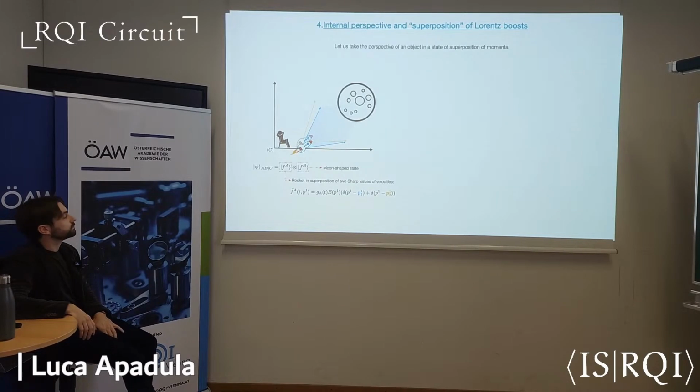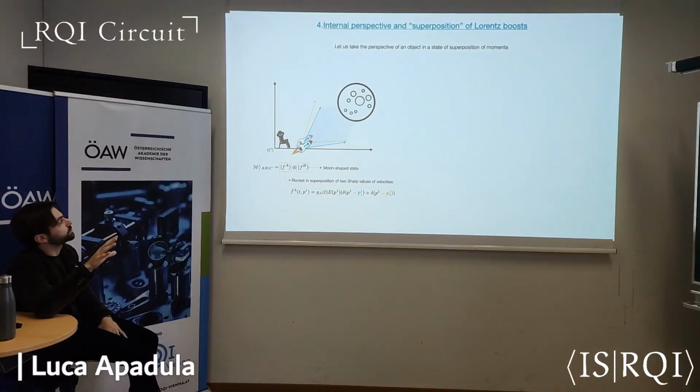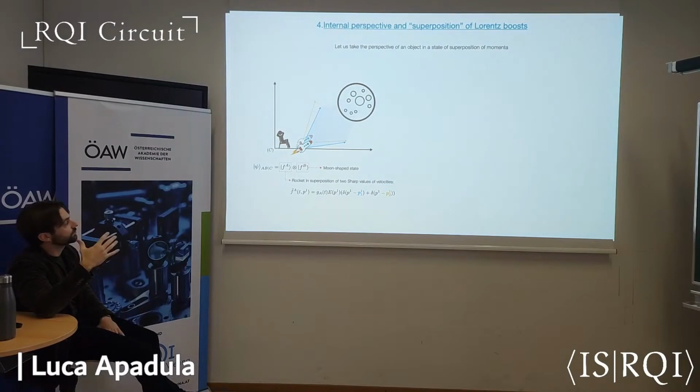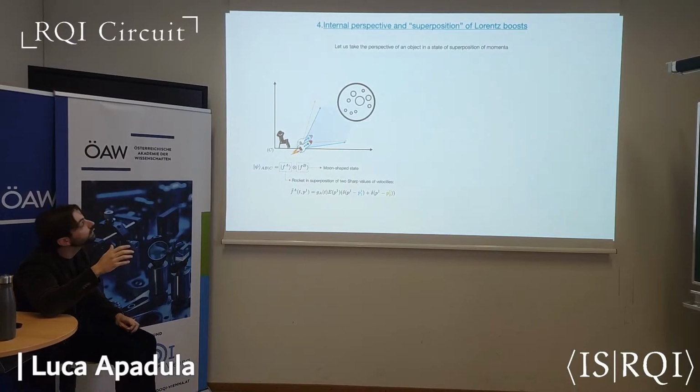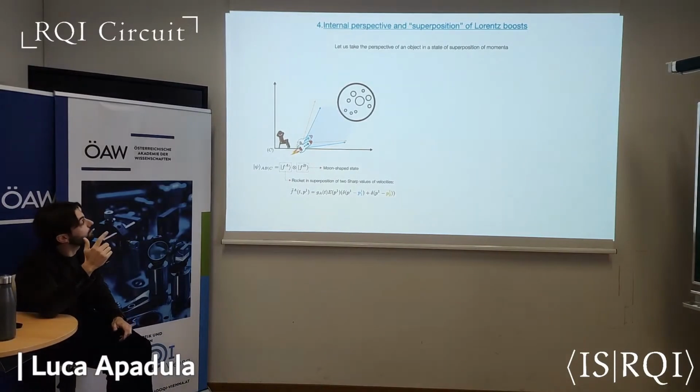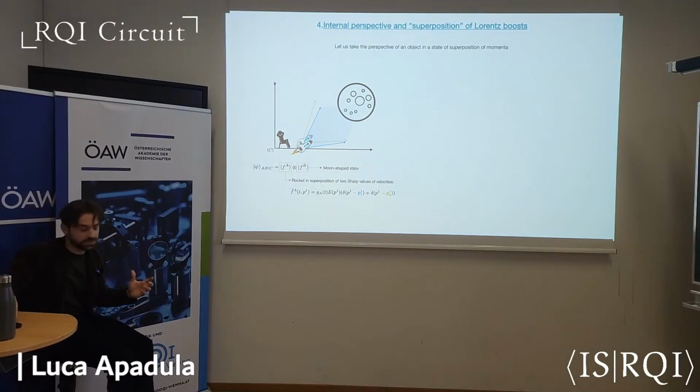Okay, so now we have a state from the perspective of the guy sitting on the ground, describing a rocket in a superposition of sharp values of velocity, for example, and a space-time quantum state describing this moon-shaped state.